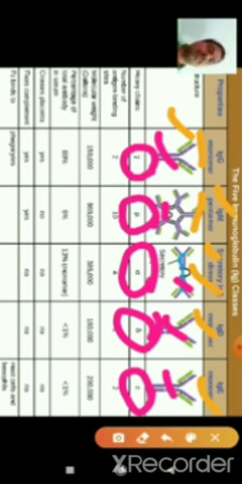So these are the 5 types of antibodies, and the next feature is the number of antigens that bind with each antibody. As we discussed in the structure of the antibody, in IgG there are only 2 binding sites, so it binds only 2 antigens.